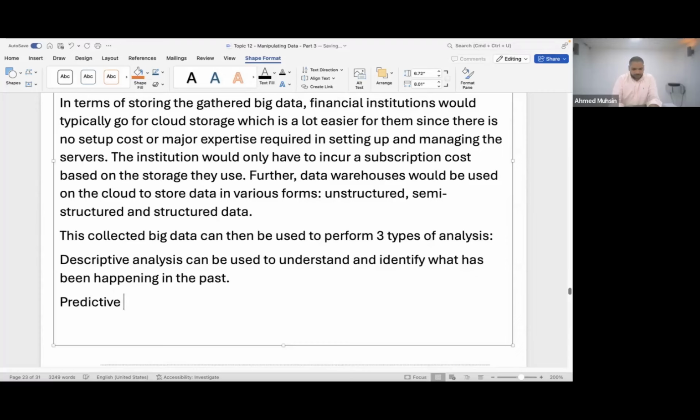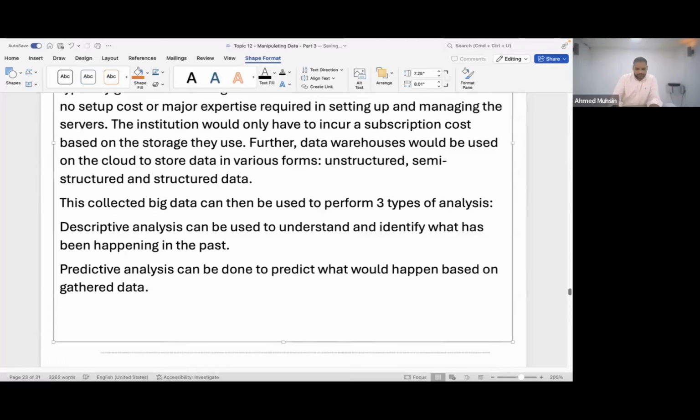Predictive analysis can be done to predict what would happen based on gathered data.